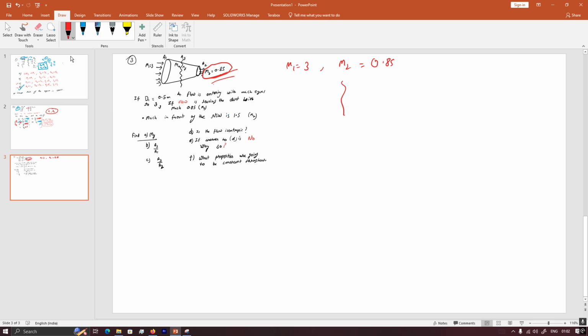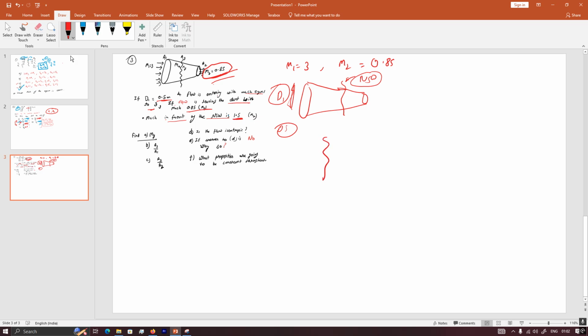And in between we are having a section. The question mentions that the flow is experiencing a normal shock wave.